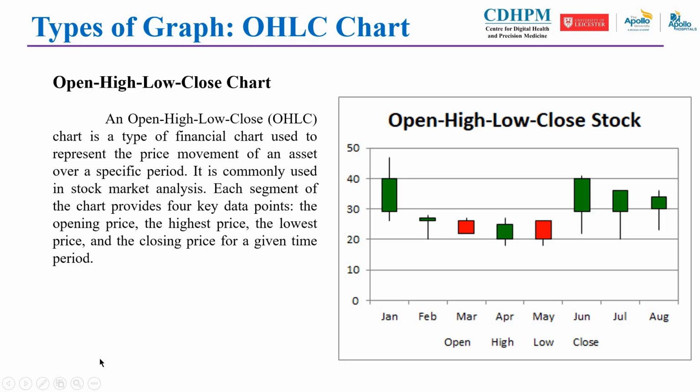Next comes the open, high, low, close chart. You can also call it an OHLC chart, which is usually also called a bar chart. But a bar chart usually has the axis starting from the x-axis. It starts from the base to go up. So it cannot be an ideal bar chart, but the data is usually fluctuating data.